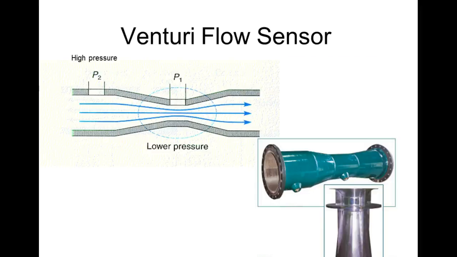This is a Ventura, not a Venturi, a Ventura. Notice we have pressure 1, pressure 2, and the pipe that it goes through actually has a Venturi in the center. So what happens is when fluid goes through there, it speeds up. Anybody got a pressure washer? You got that suds in there, right?